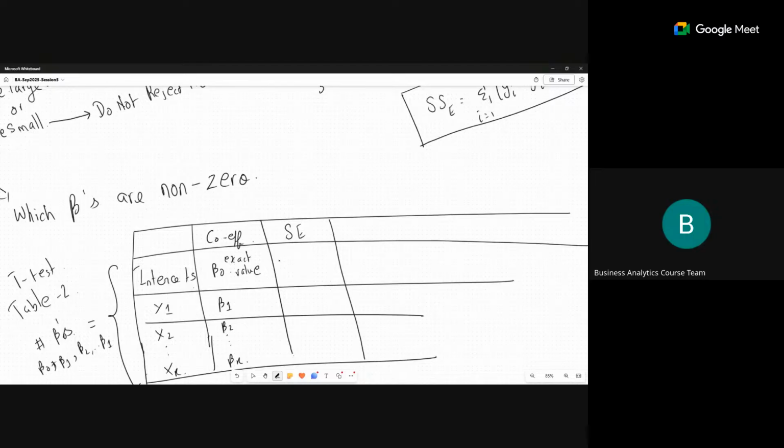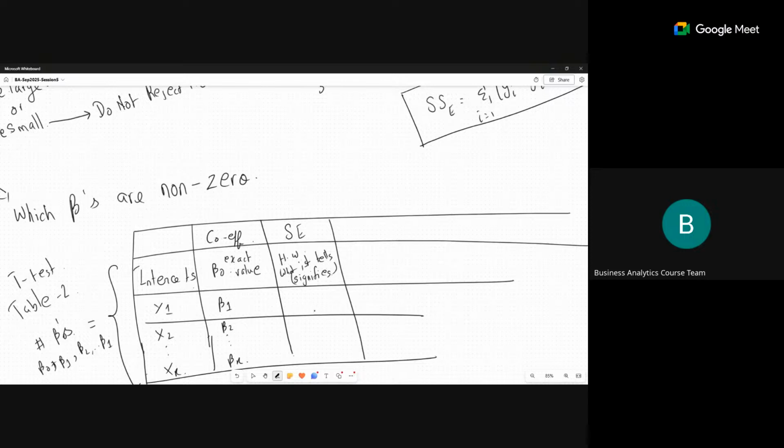What does the standard error signify? Okay, I'll give you this as homework. Check what it signifies, or what it tells. What do you interpret about the standard error?